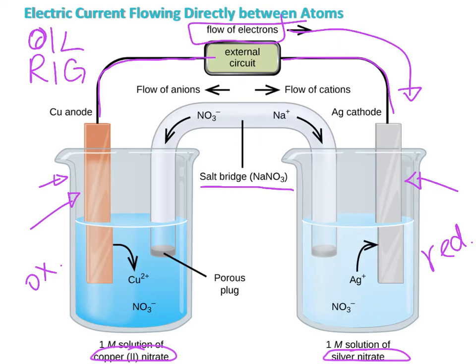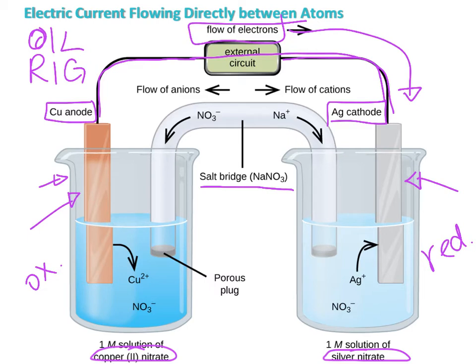And remember, electrons are flowing here. So our silver cathode is gaining electrons while our copper anode is losing electrons. We're going to discuss what anode and cathode are in a second, but for right now let's just look at it in terms of electrons and atoms and ions.